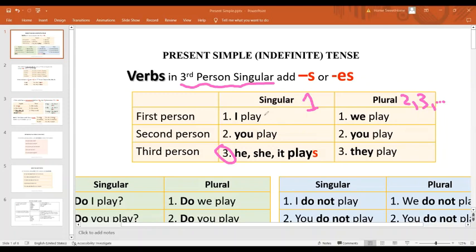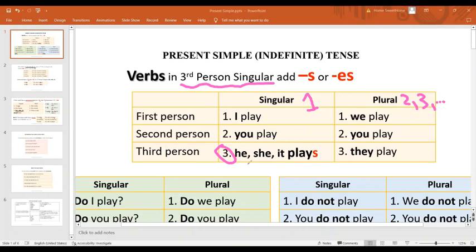And look at the other persons and plurality. We have no s, no s, no s, no s, no s. All right. So this is easy to remember: only when you talk about he, she, or it, you have to be careful with the verb, whether it has s or es, but it definitely will have one of those.